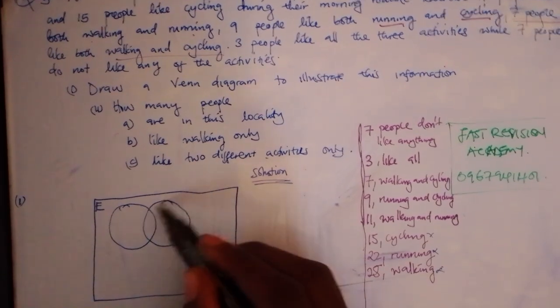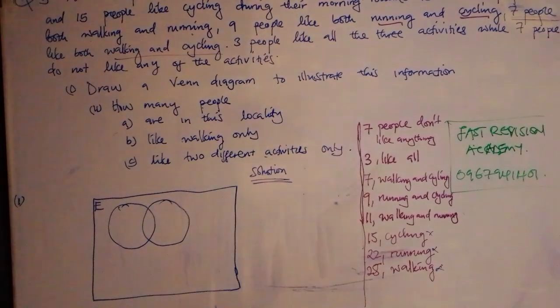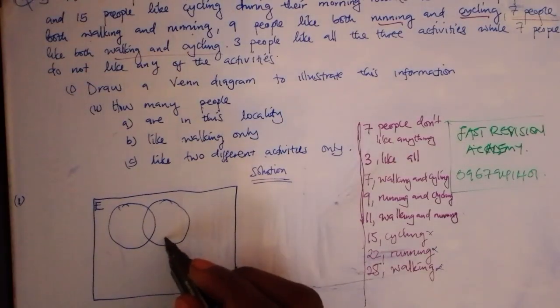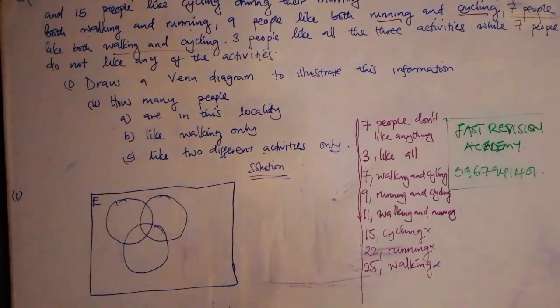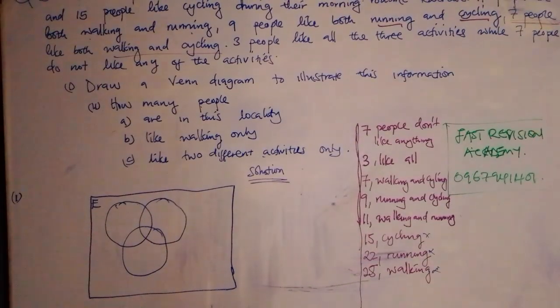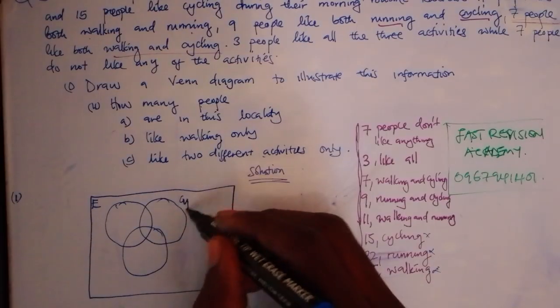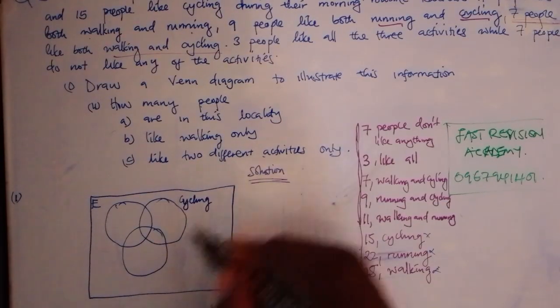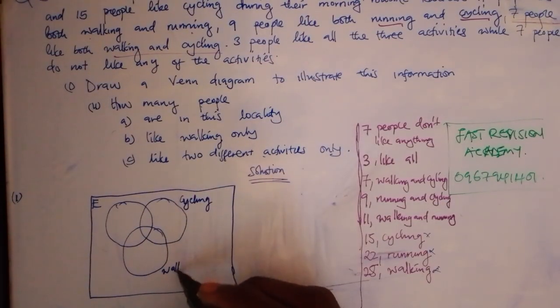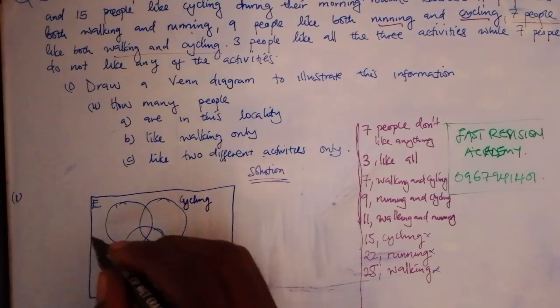Because we have people who like all the three things, you are going to join the three sets. Then you now label them. You say this is cycling, we have walking, and we have learning.